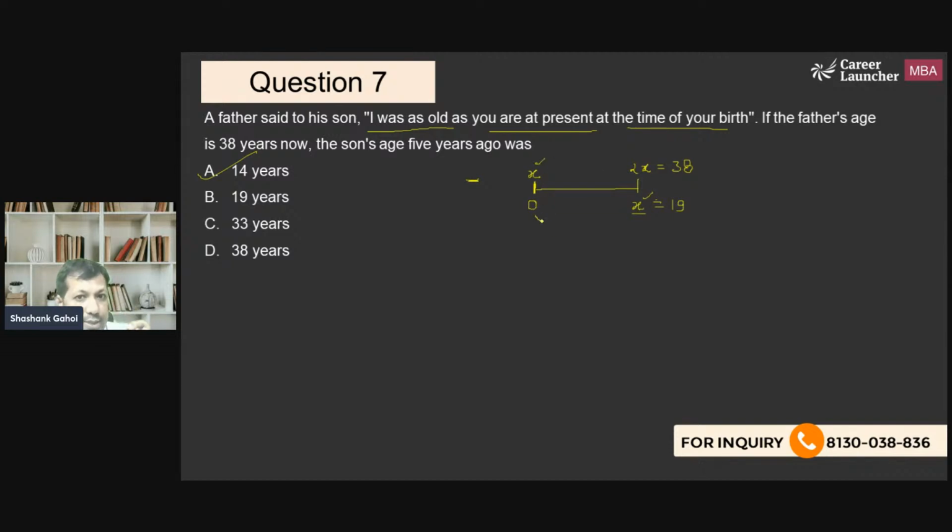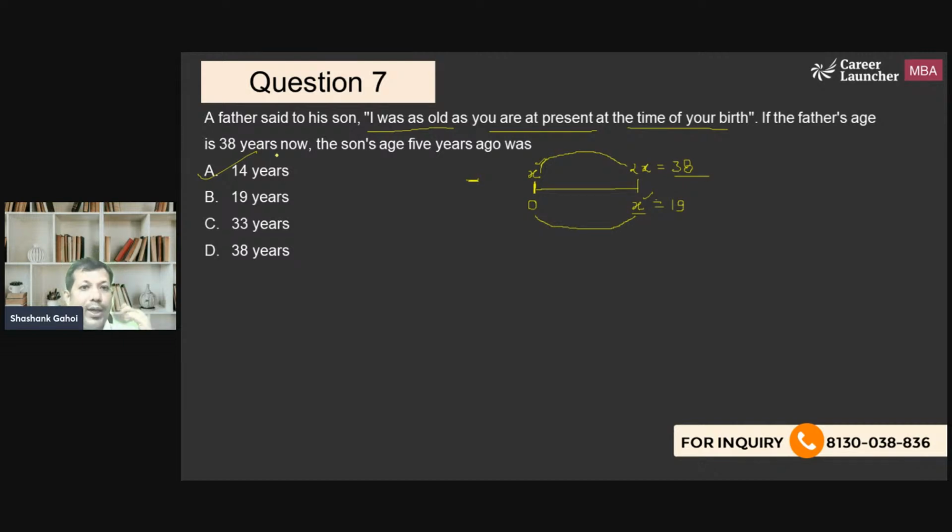In x years, the age of child becomes x and age of father will become x plus x, because in x years both people's age is going to increase by x years. So father's current age is going to be 2x and child's current age is x. Father's current age is given to us, that is 38.